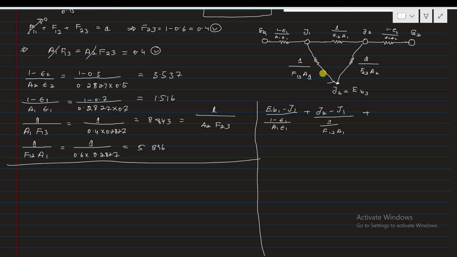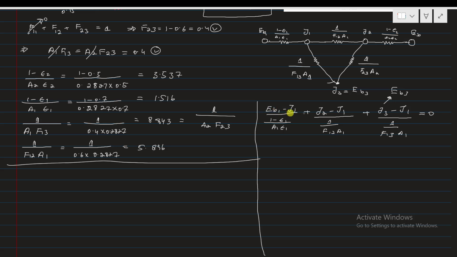So the heat current entering from J3 is J3 minus J1 divided by 1 divided by F1 of 3 A1, and it is equal to 0.